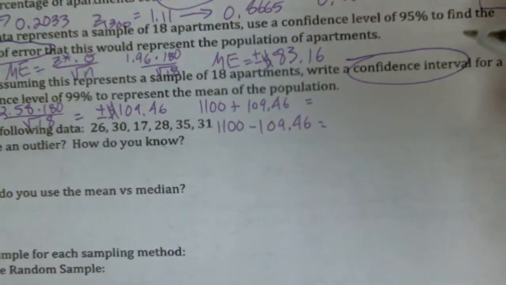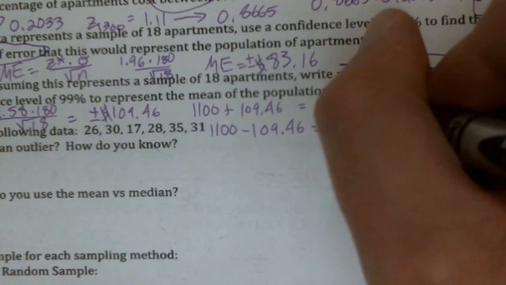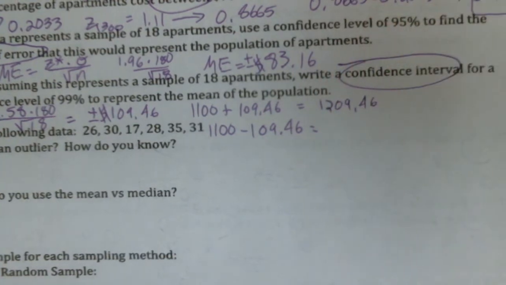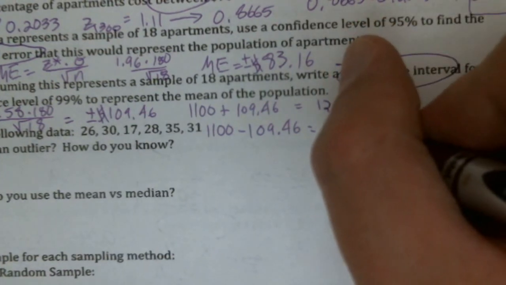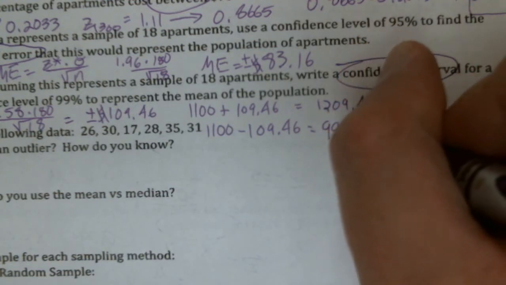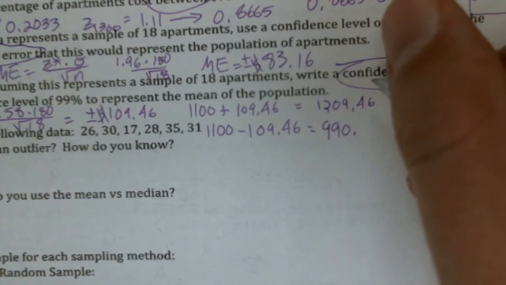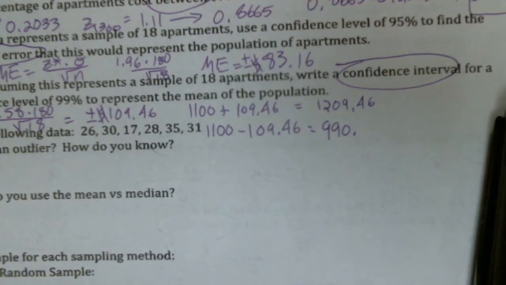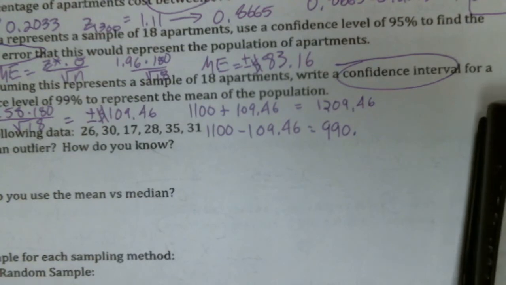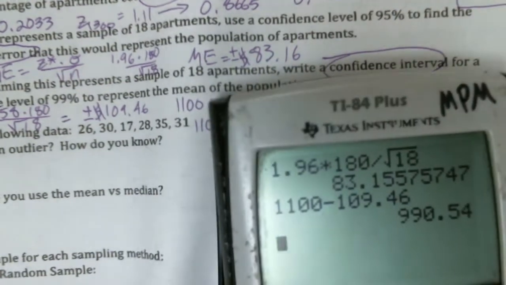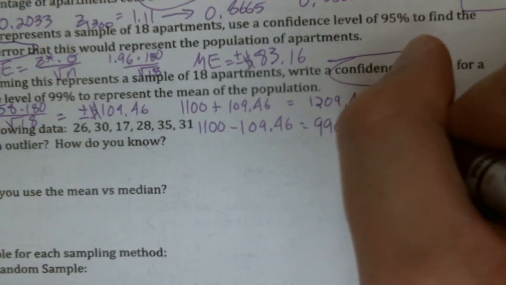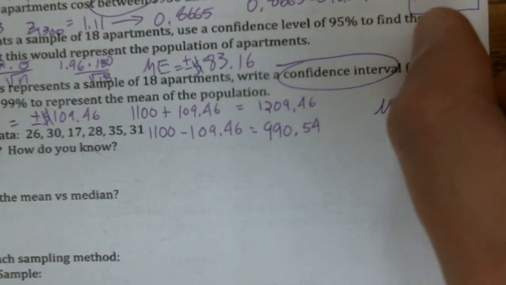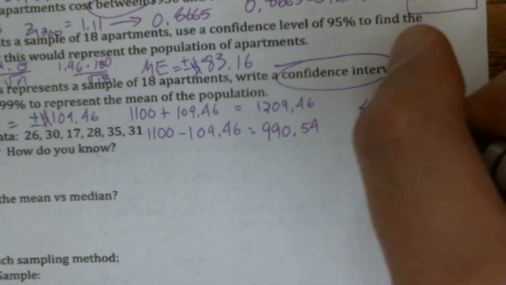That's going to give me two different numbers: 1209.46 on the high side, and on the low side, is it 990 even? 1100 minus 109.46, technically it's 990.54. So my unknown population mean, which is the whole purpose of doing all that, is going to be bigger than the low number, the 990.